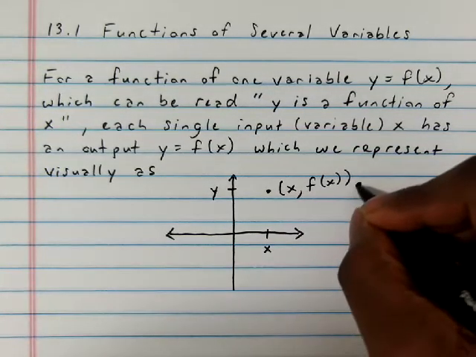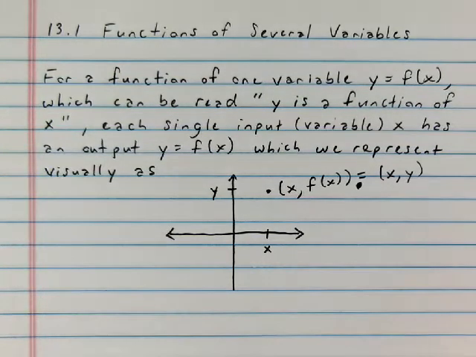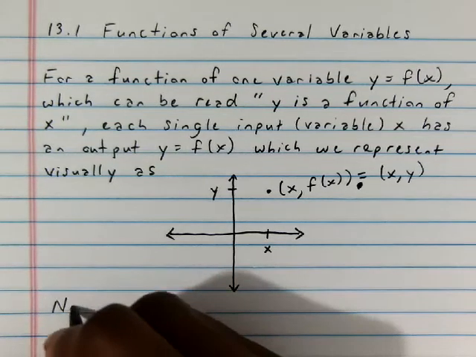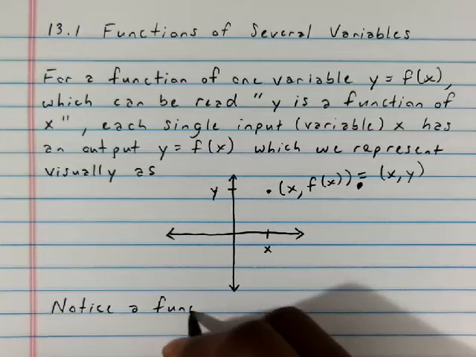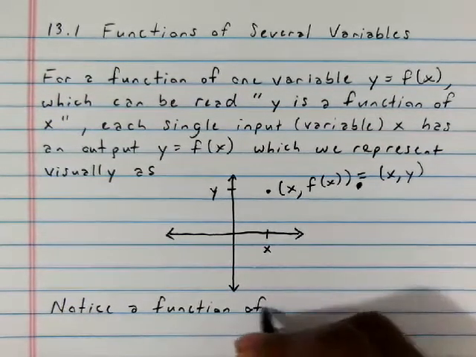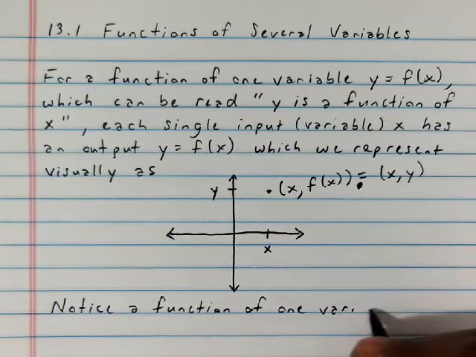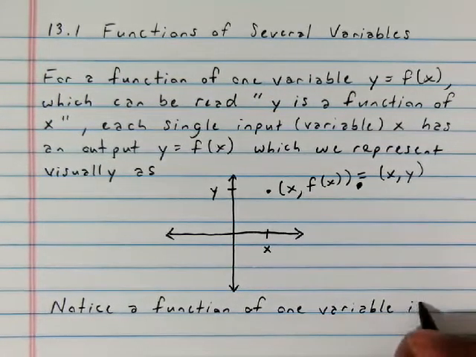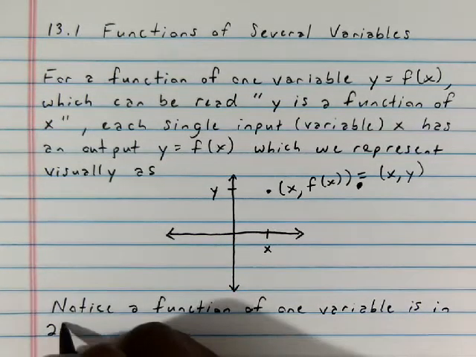So that's how we represent that for a function of one variable. So now you'll notice the function of one variable is in 2D or 2 dimensions.